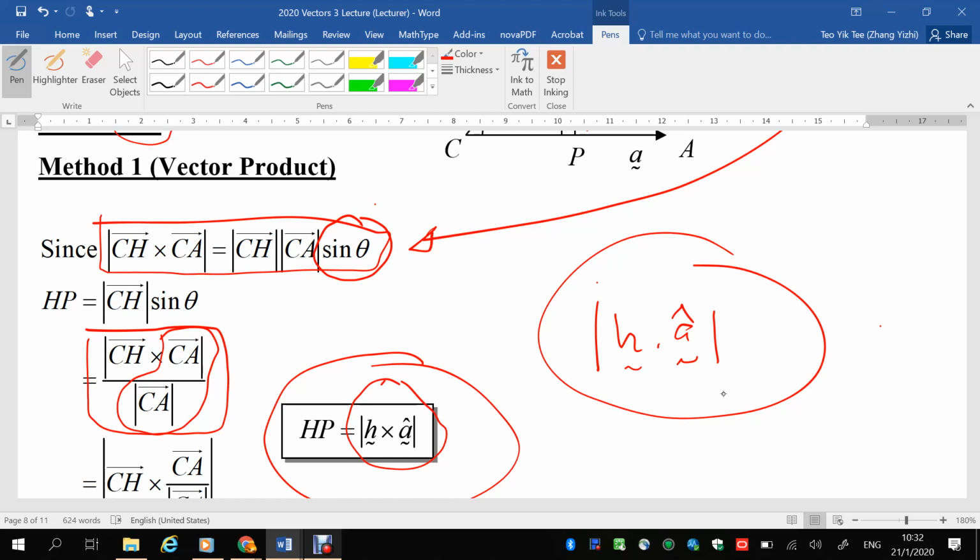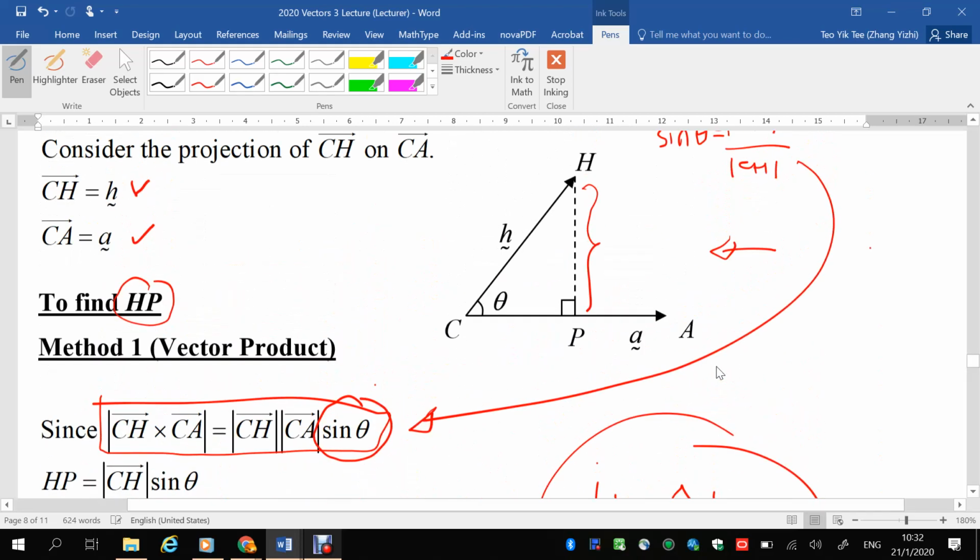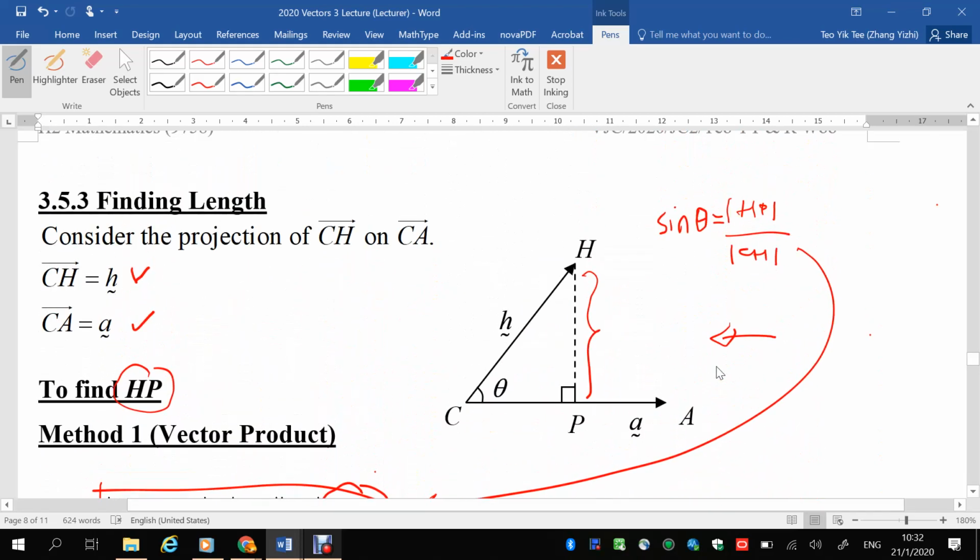What is this? The length of the opposite. So let's reference back to the same diagram. Okay? If I do dot product H dot A hat, what length do I get? CP. If I do cross product H cross A hat, I get the length of HP.